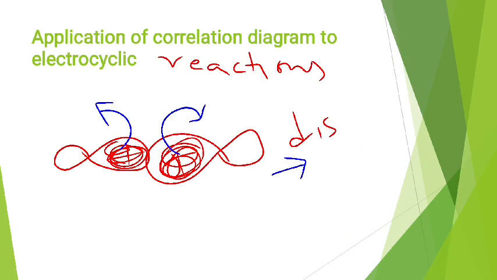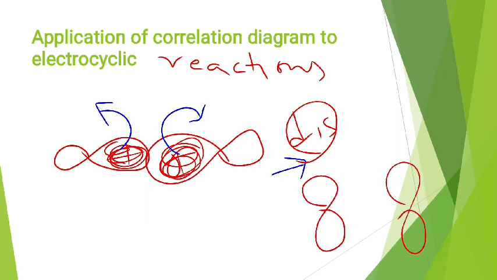If the ring opening takes place in disrotatory mode, that means one is in clockwise direction and the other one is in anti-clockwise direction, then we get these types of orbitals which maintain a mirror plane of symmetry.